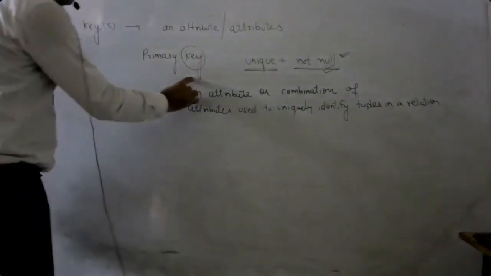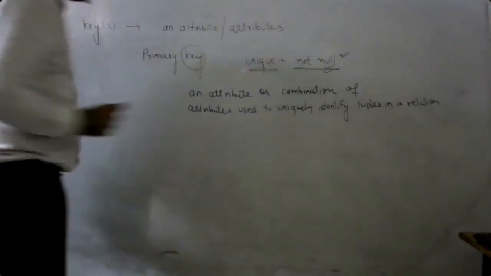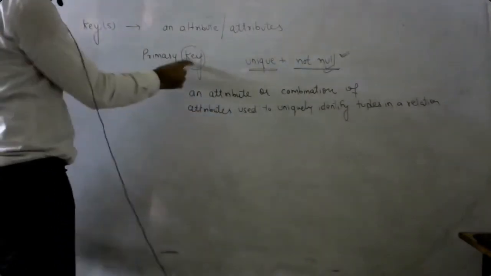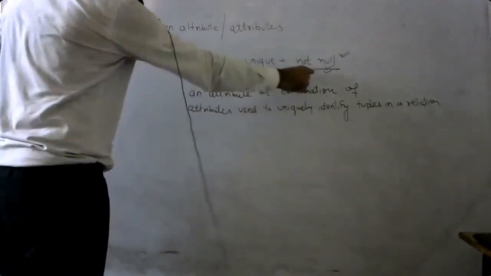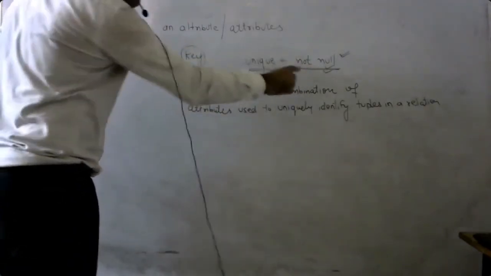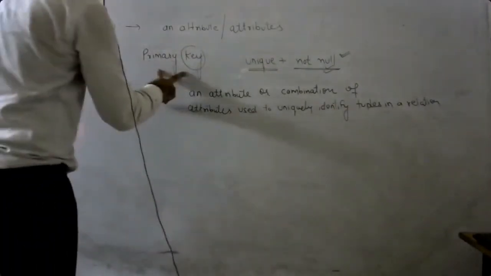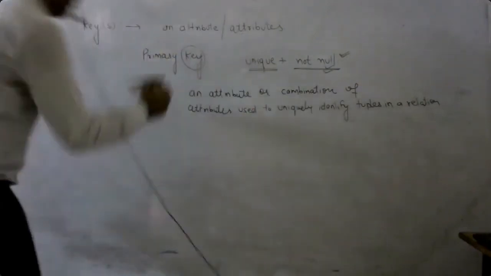So what is a primary key? In simple terms, primary key means unique plus not null. The value of the primary key attribute will be unique as well as not null, meaning it must have a value; it cannot be blank. Second, a primary key can be a single attribute or more than one attribute. This is the definition of the primary key.